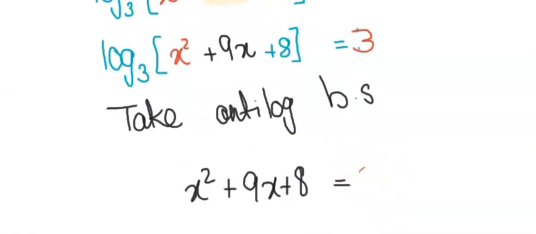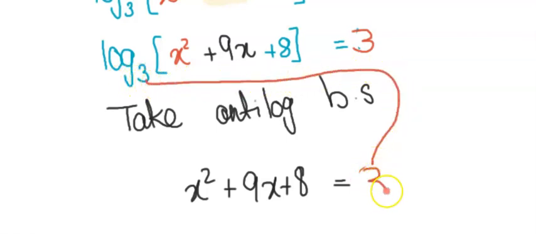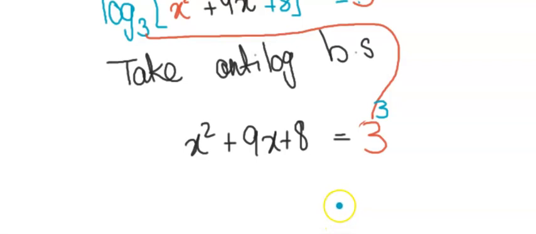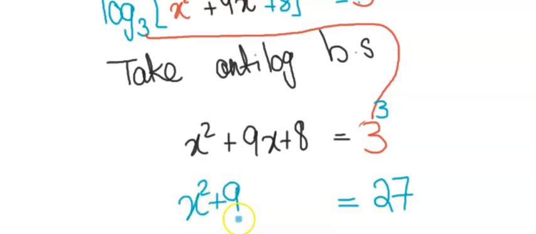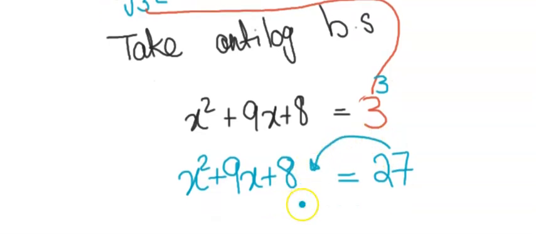So this 3, which is here, will come here, and this 3 will be on the top. Otherwise, it will be a massively big value. That will give you 3 cubed is 27. Now you have x squared plus 9x plus 8, and that's 27. Now you need to move the 27 to this side to solve it.